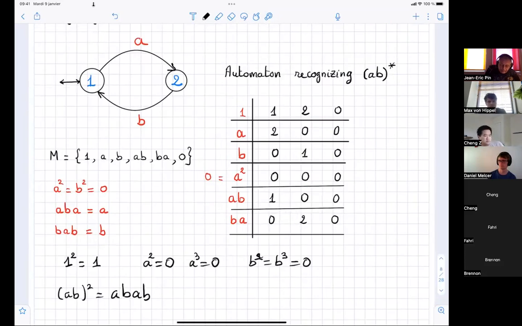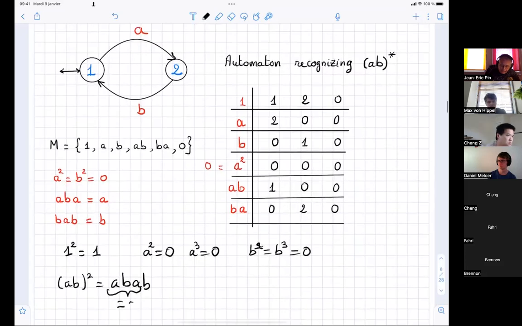But here we know by this relation that this is A, so therefore this is AB. So this element is idempotent, it is equal to its own square, and in the same way, this is BA.